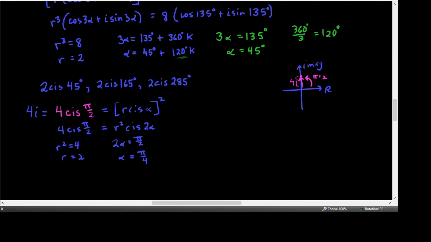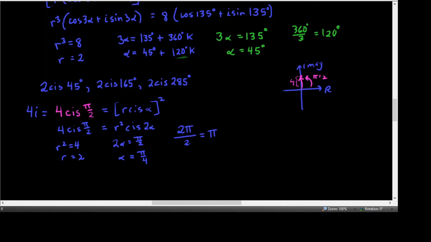Then, to find the spacing between angles where the answers lie, we're going to take the full circle, which in radians is 2 pi, and divide it by the number of answers we're finding. Since it was square roots, because it's a squared thing, we're going to divide by 2, because there'll be 2 answers. They'll be spaced pi apart.